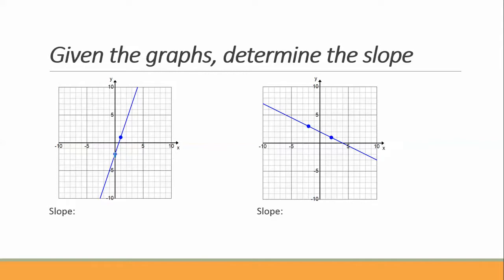We start with this point. It goes up, so we count 1, 2, 3. So our numerator is 3, and then we go right 1. From here to here there's 3, and from there to there there's 1. We know that 3 over 1 is 3, so our slope is just 3.